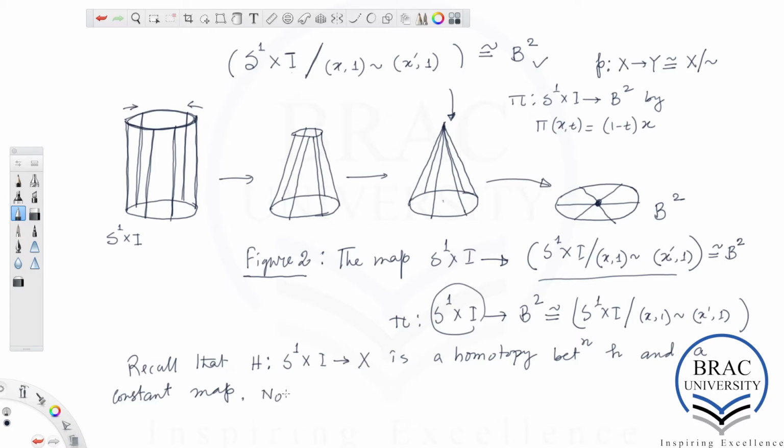Now observe that the inverse image of the point (0, 0) under pi is all of S1 cross the singleton 1, right?